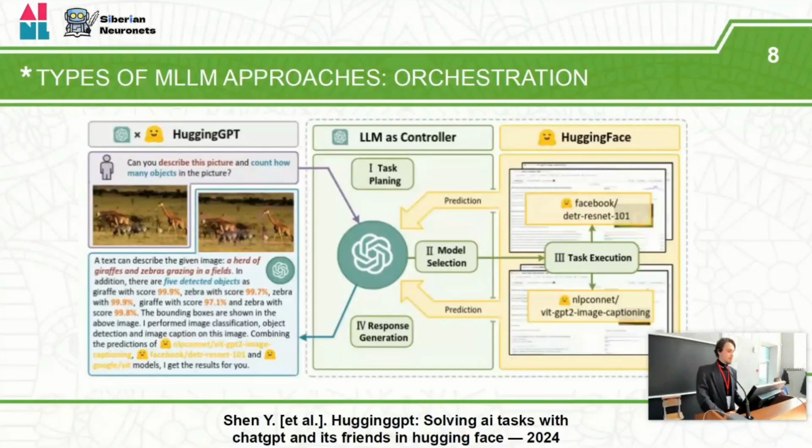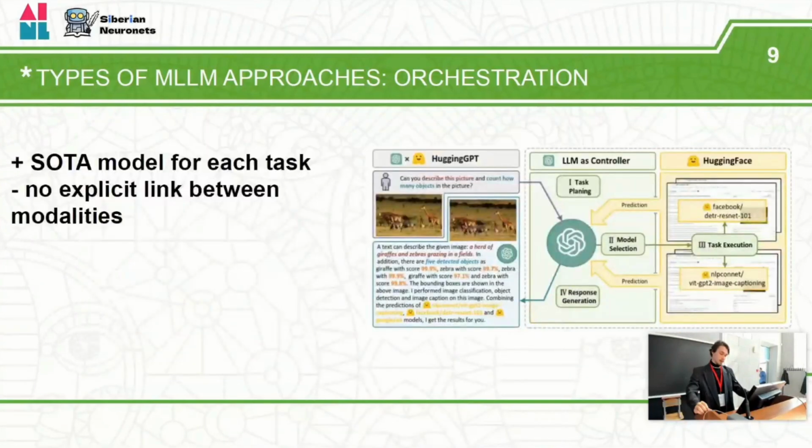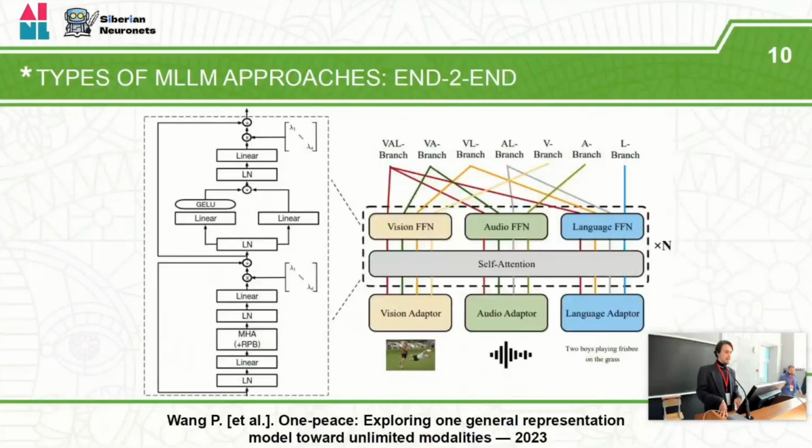It receives the tasks, does planning, decides which model we should use, divides tasks, and gets information about the results to generate a response. This type of approach can provide us a state-of-the-art model for each task, but there is no explicit link between modalities, and we can miss some data.